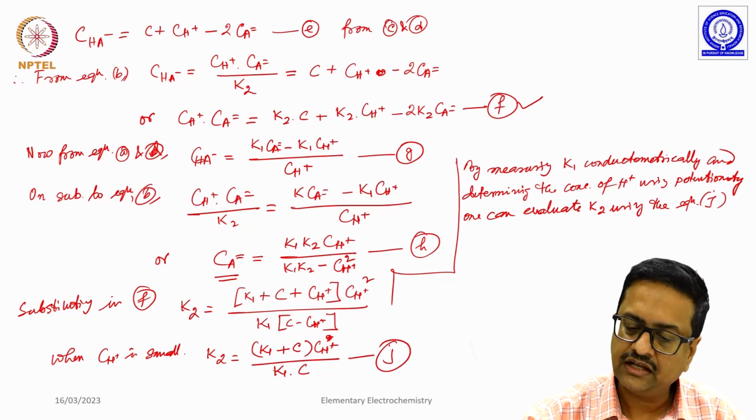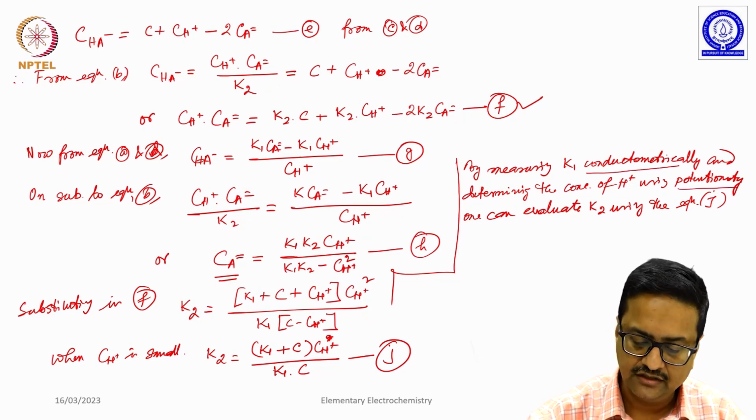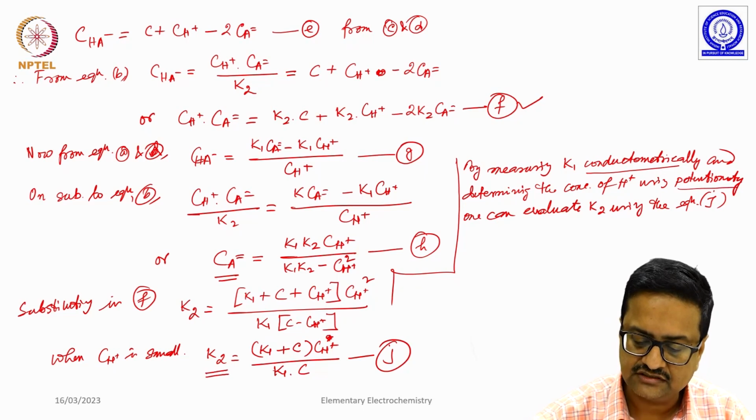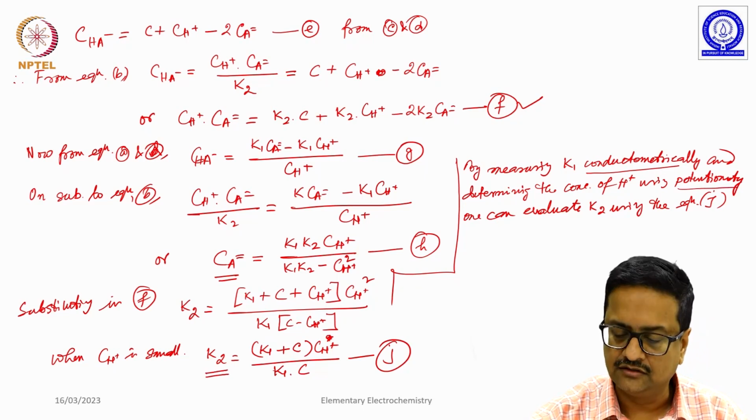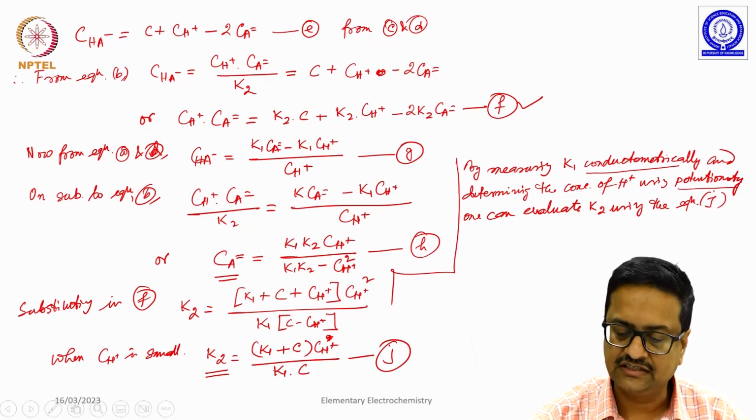So, in a combined method of conductometry and potentiometry, one can determine the second dissociation constant of dibasic acid.